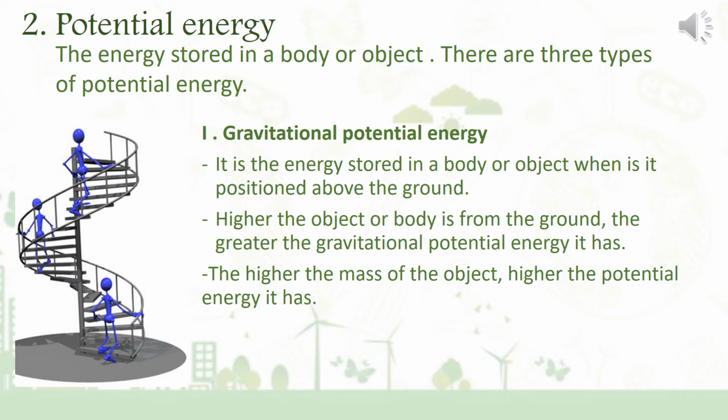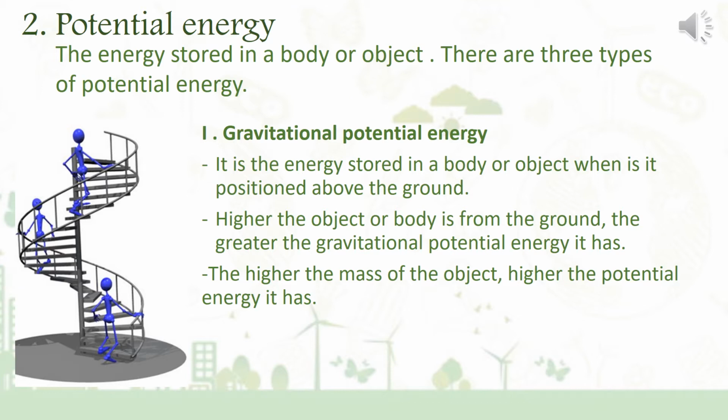The mass of one object is 2 kilogram, the mass of the other object is 4 kilogram. We are taking these two objects about 5 meters high from the ground. Now both are at the same level.